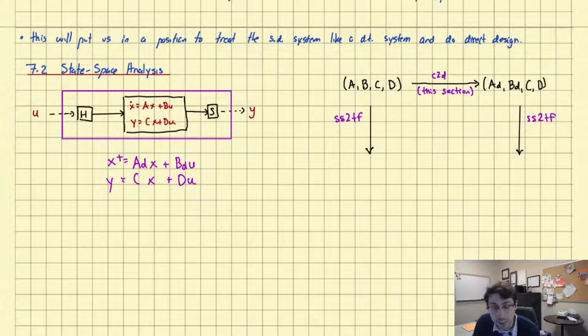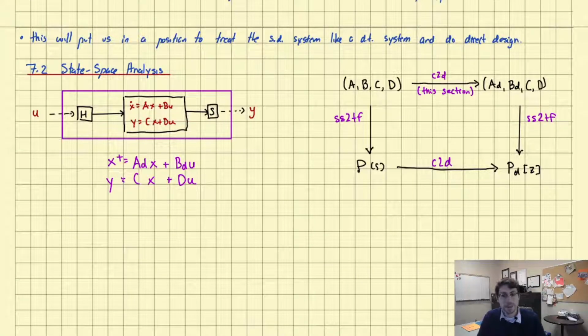And later on, we'll see how we can go from G of S, P of S, let's call it P of S, to P sub d of z. Okay, that's going to be later on. But this is still going to be C to D. Okay, so this is the idea here. We want to get a discretization of a plant, and we're doing right now the state space world. So we're doing the top branch of this diagram.